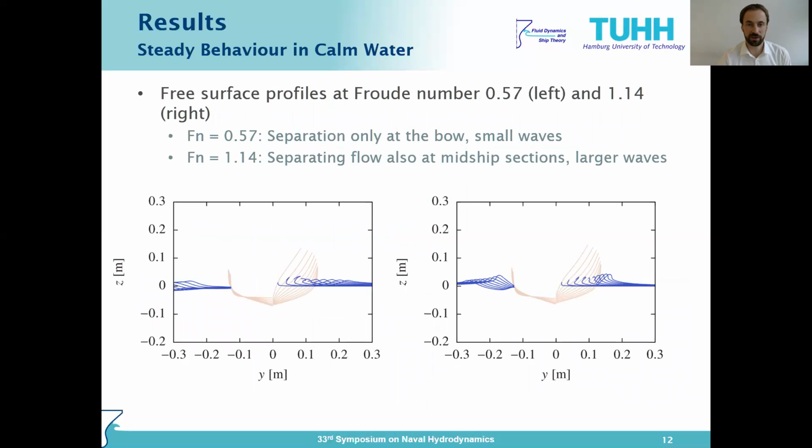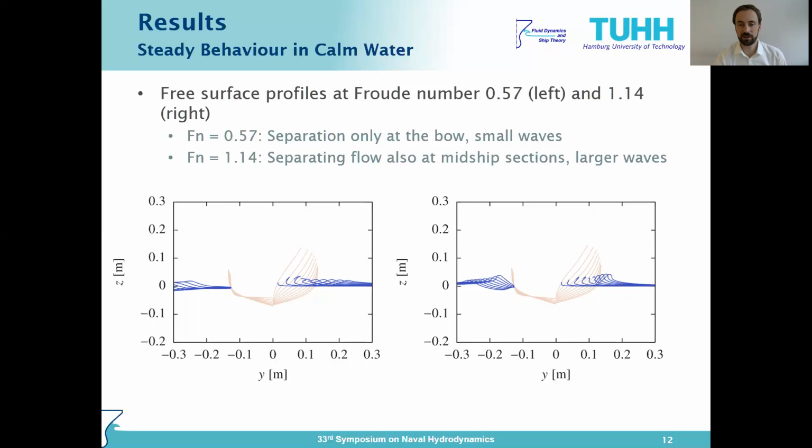I'll be presenting the steady results first. We see here on this slide the computed free surface profiles at several sections along the hull. The results for Froude number 0.57 are on the left, and the results for Froude number 1.14 are on the right. In each plot, the forward sections are depicted on the right, and the aft sections are depicted on the left half of the plot.